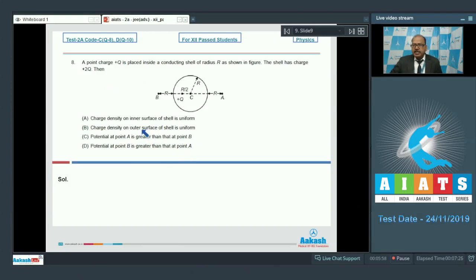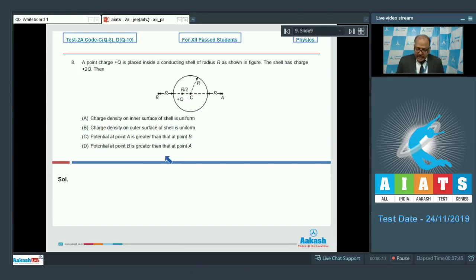Well, obviously the question is based on electrostatics and also electrostatics of conductors. In this particular case, the charge plus Q is not placed at the center. It is placed eccentrically at distance r by 2 from the center.